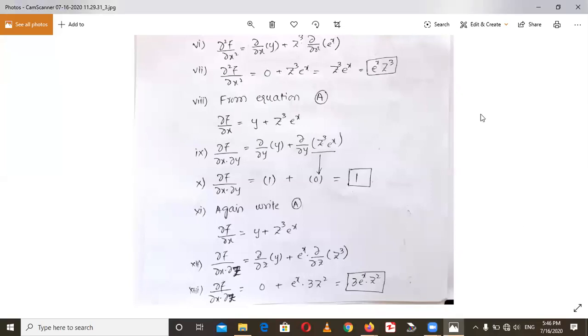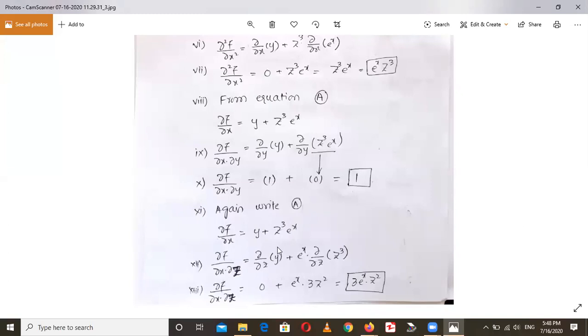I couldn't hear you. What I meant is, I'm telling you clearly that I don't want 11. Again, we will write equation number A, and now we will differentiate. We have already differentiated this equation with respect to X. Now we will differentiate this equation with respect to Z. If we differentiate this with respect to Z, this is why there is no Z term here.